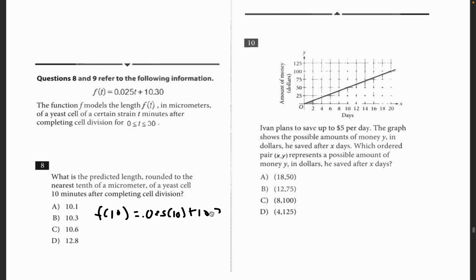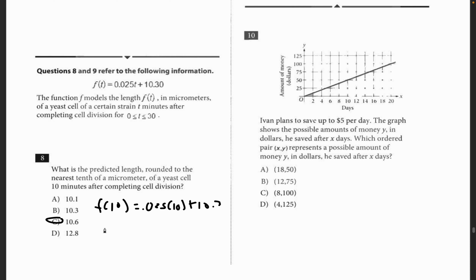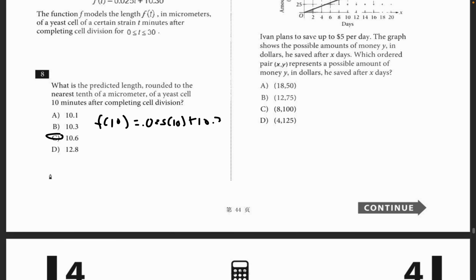So 0.25 plus 10.3 is 10.55, so 10.6, I would say. Rounded, and this is predicted length, so that's okay, good.